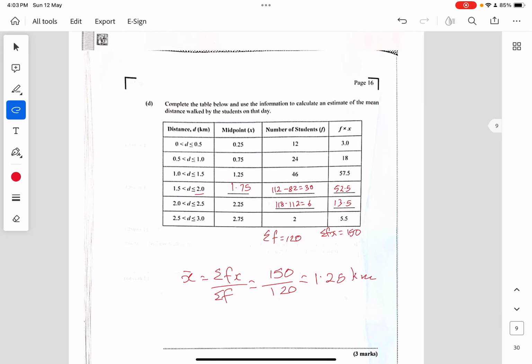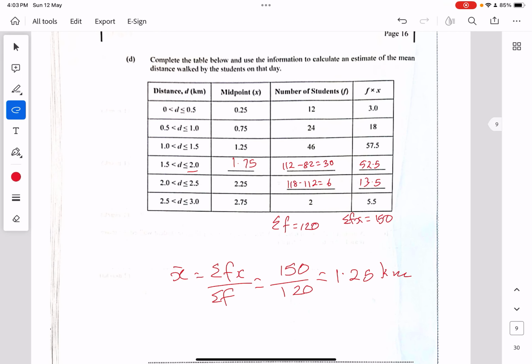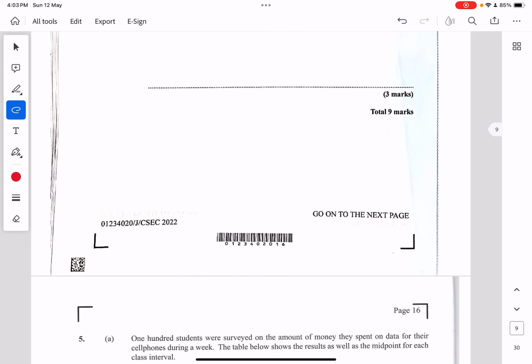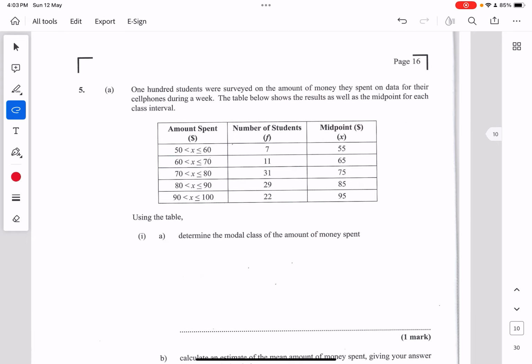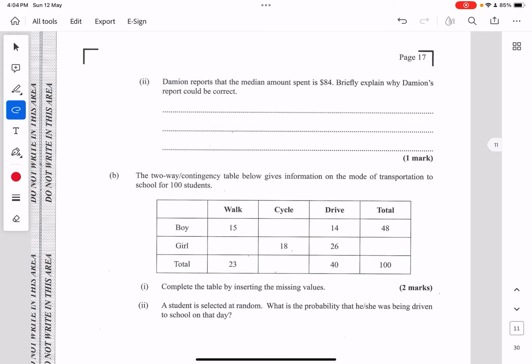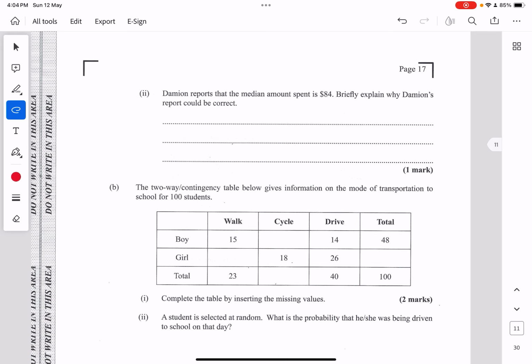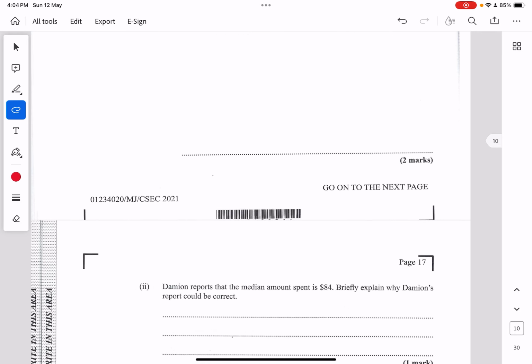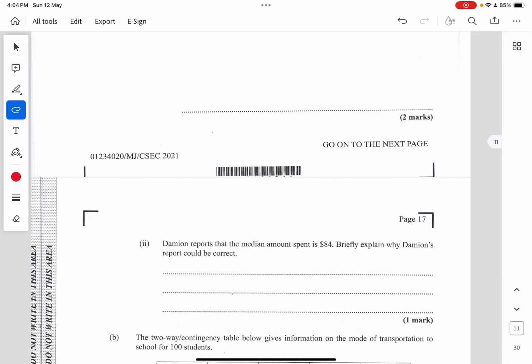Your mean is always based on whatever you were measuring. In this case, it's distance. So please, that is the unit you're going to put for your response, right? Notice they ask you for the mean distance, so you're going to be putting your units accordingly. And that is the last question I'm going to do for question 5. You'll basically have an idea of all the things that may come with respect to cumulative frequency.